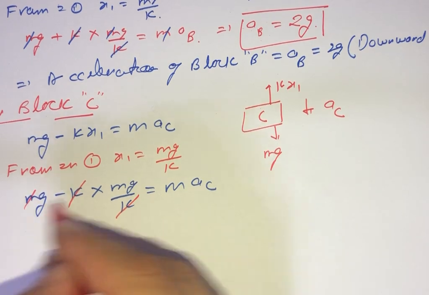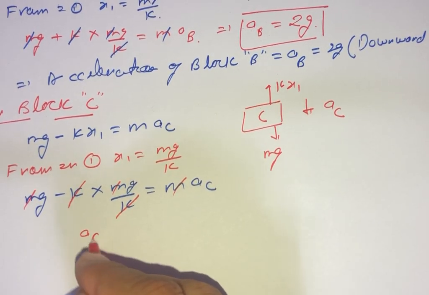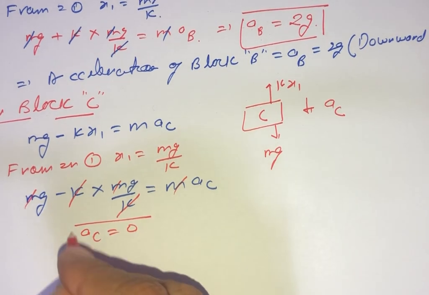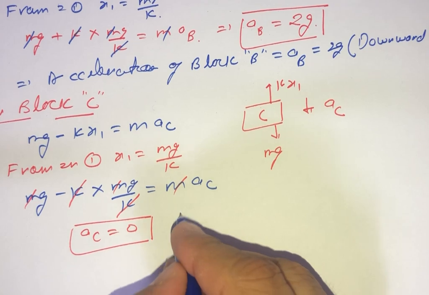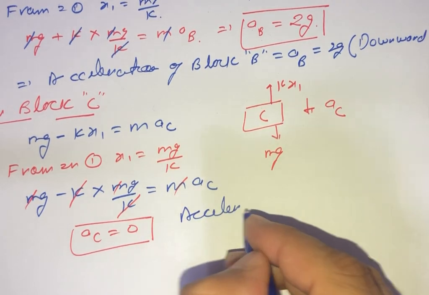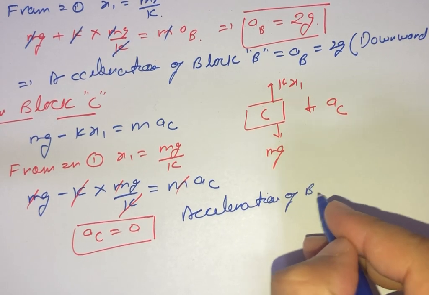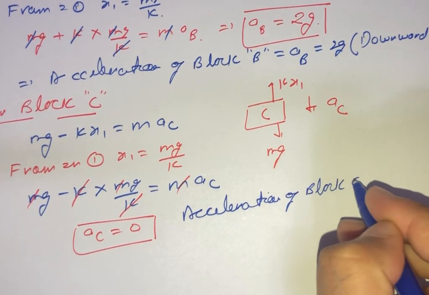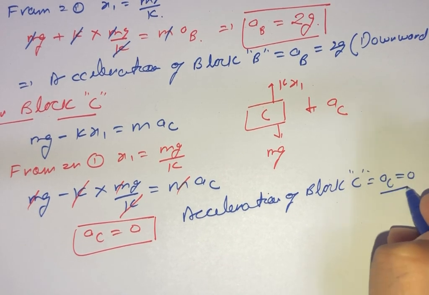K cancels out, m cancels out, so we can say that AC is equal to 0. So it means the acceleration of block C, which is AC, is equal to 0.